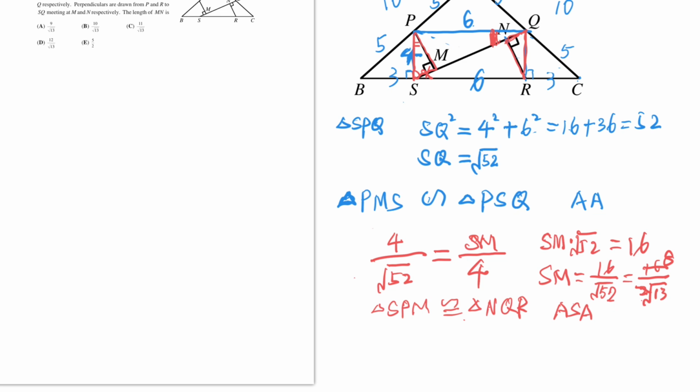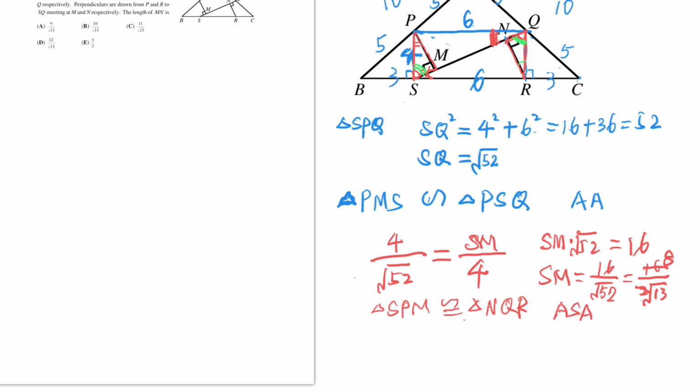Because PS is parallel to QR, these two green angles are equal. They are alternate interior angles, and alternate interior angles are equal.